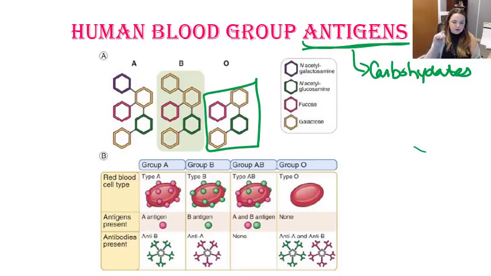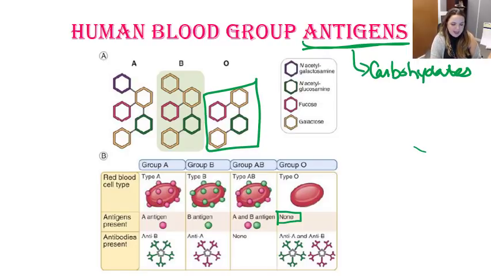When a person has O blood type, that means they have the baseline carbohydrate structure on their red blood cell surface. The other way of putting it is they have no antigens present. They just have what's expected, the factory design, all right?